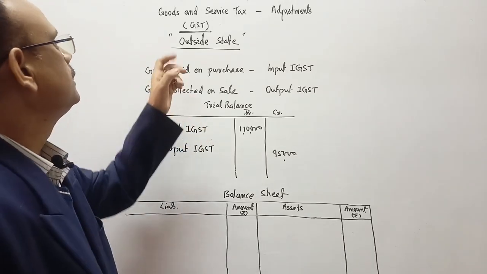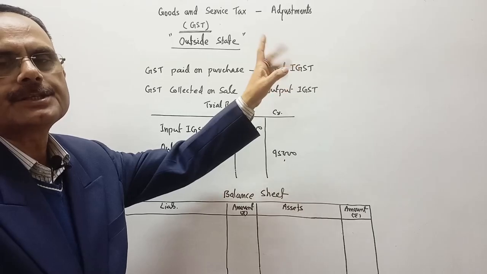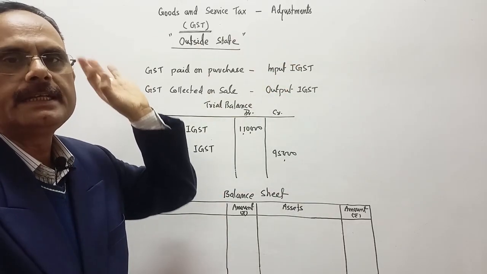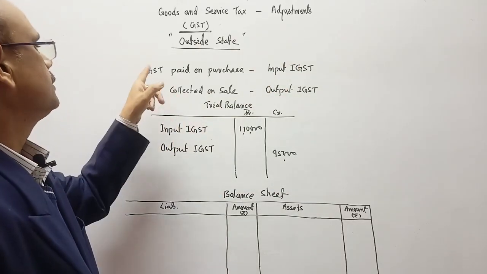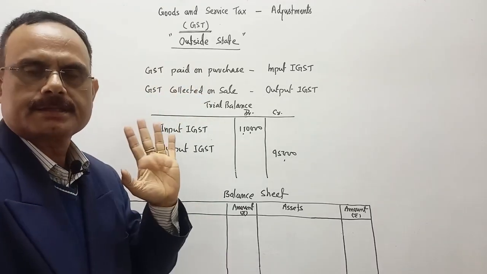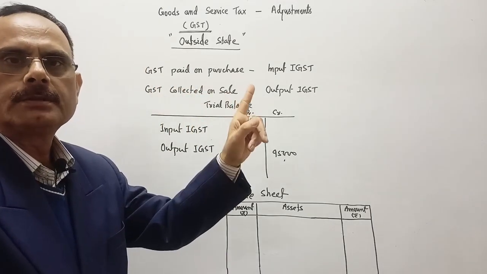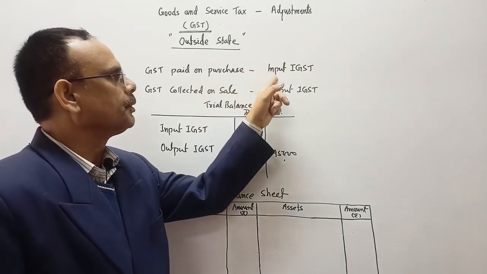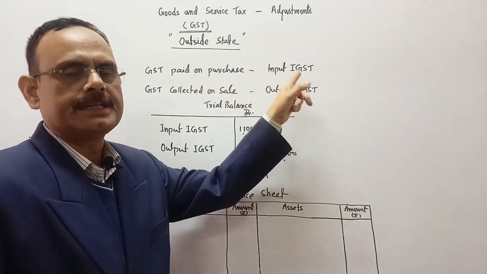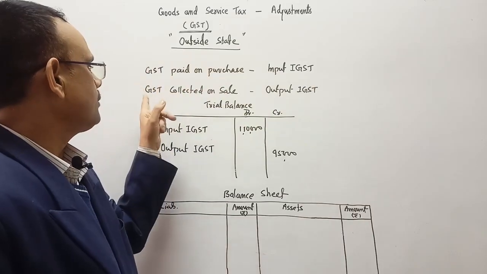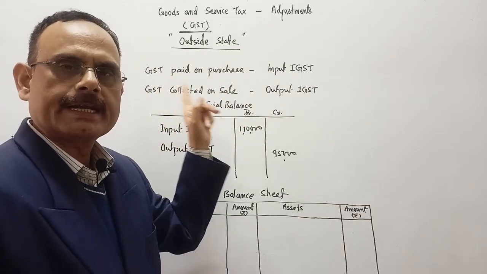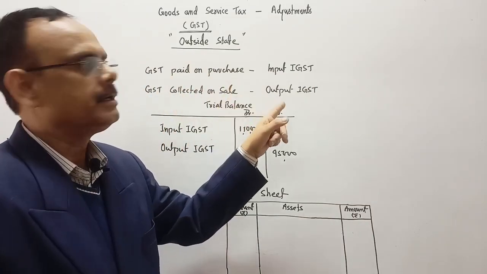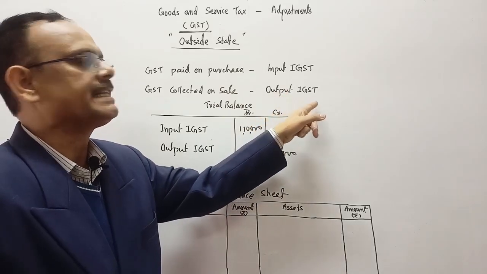Okay, if the transactions are outside the state, if the purchase and sale is outside the state, then the integrated GST will come. Integrated GST, GST paid on purchase, is input IGST, input IGST means input integrated GST. At the time of sale, GST collected on sale is output IGST.